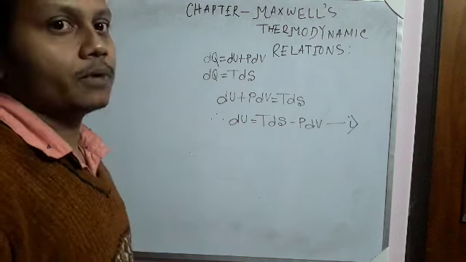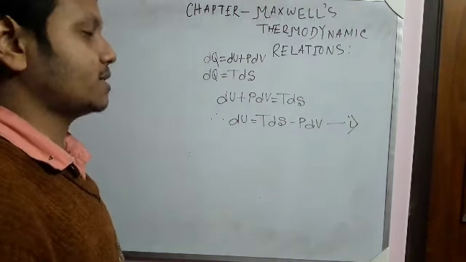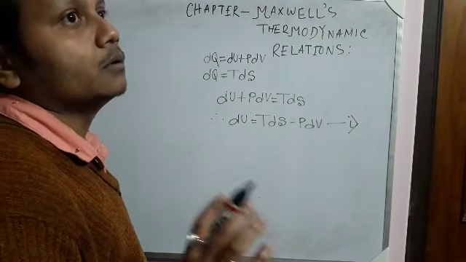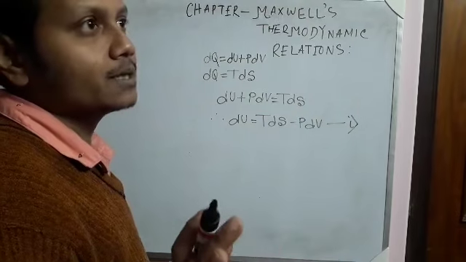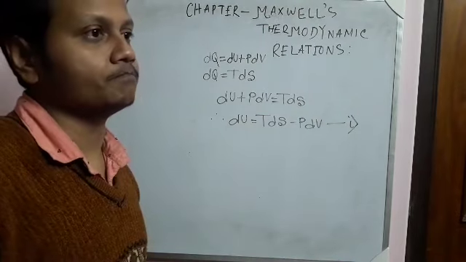Now the state of any system, or more generally any substance, can be represented by a pair of independent coordinates or variables that describe the state of the system.